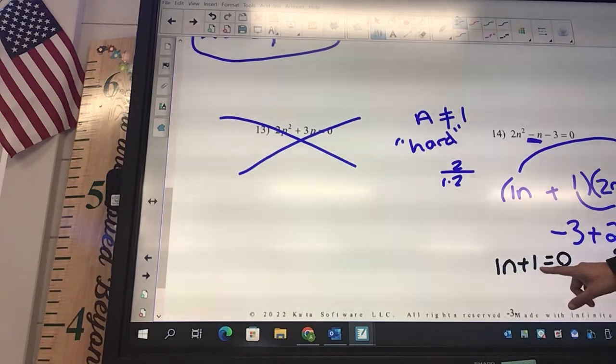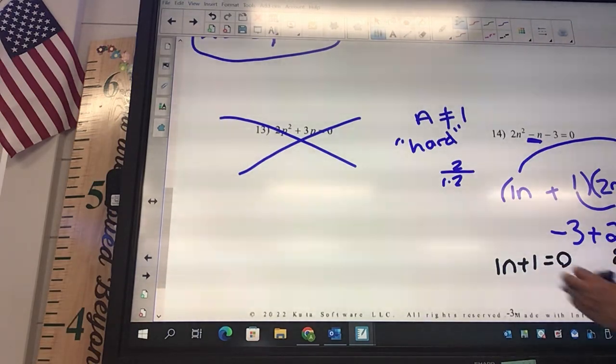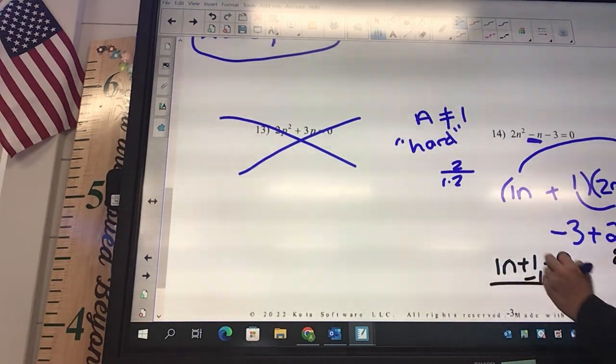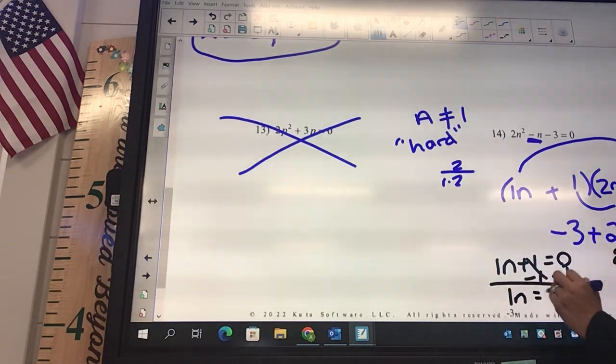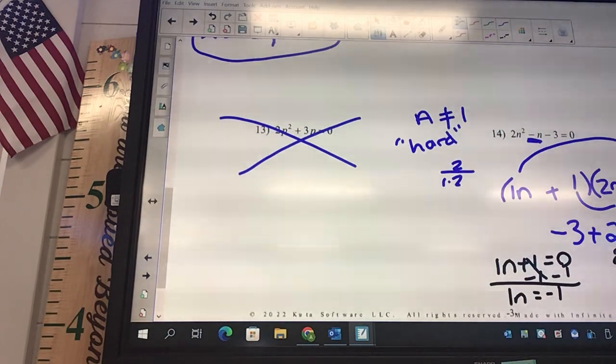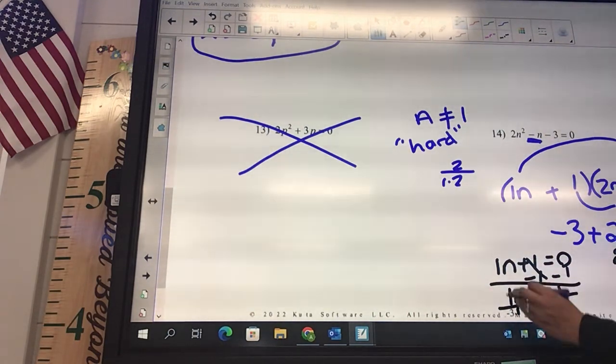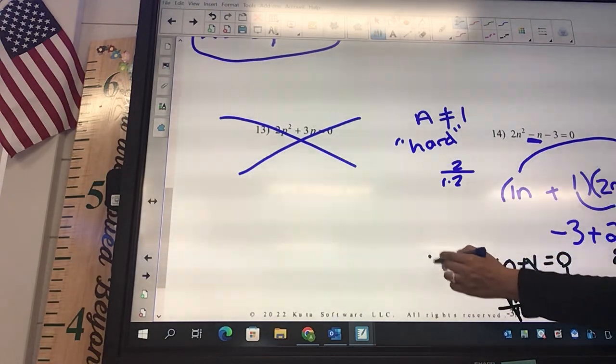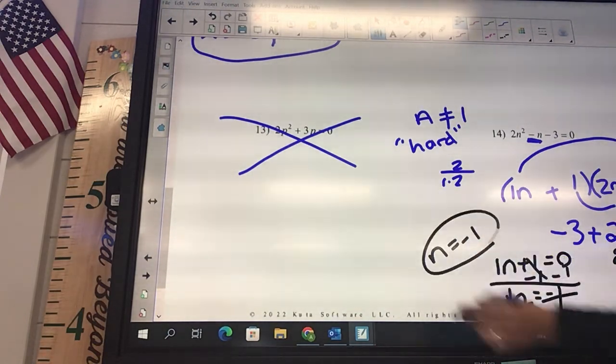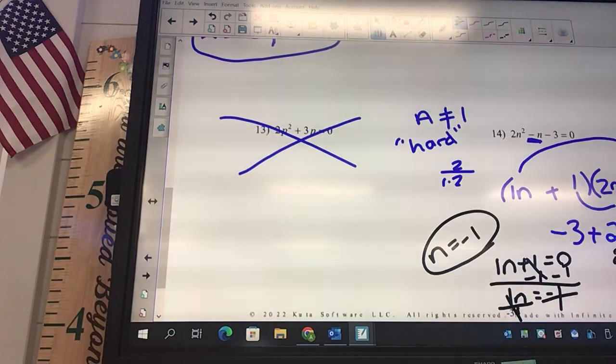How do I move this plus 1? Minus 1. So we got 1n equals negative 1. Then what do we do? We're going to divide by 1. So for our first one, I got n equals negative 1. That's one of my answers.